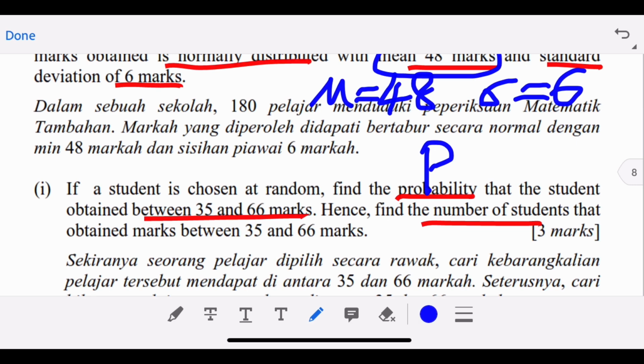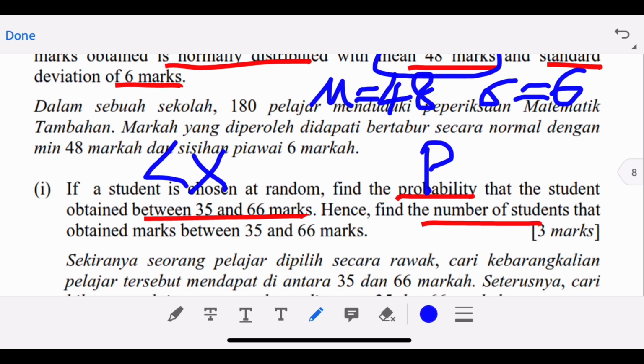For normal distribution, we only have big P. I advise you that if they ask you to find P, they always give you the X. So the 35 and 66 is actually the X. You write the X and then follow the range they give you, either more than, at least, at most, or between.